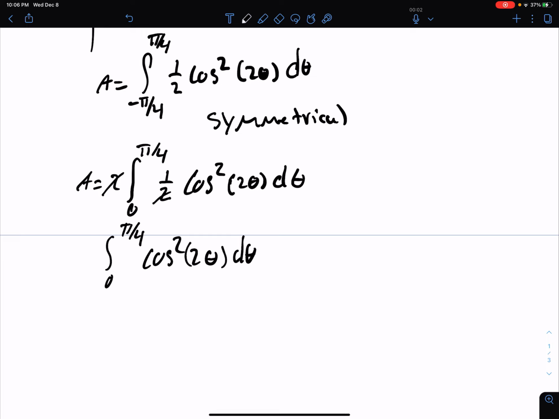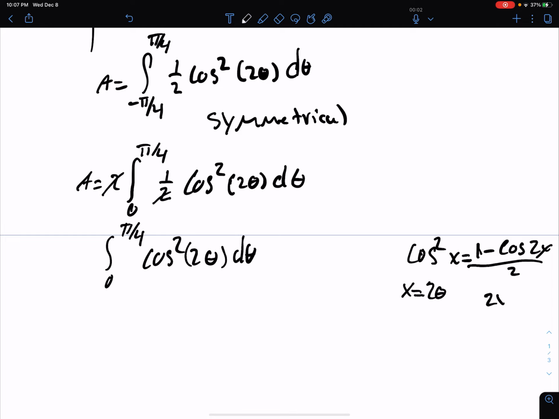Now this is a pretty easy integral. If we just remember that cosine squared x is equal to (1 plus cosine 2x) over 2, we can apply this formula to what we have, which means x is equal to 2 theta, and that means 2x is 4 theta.